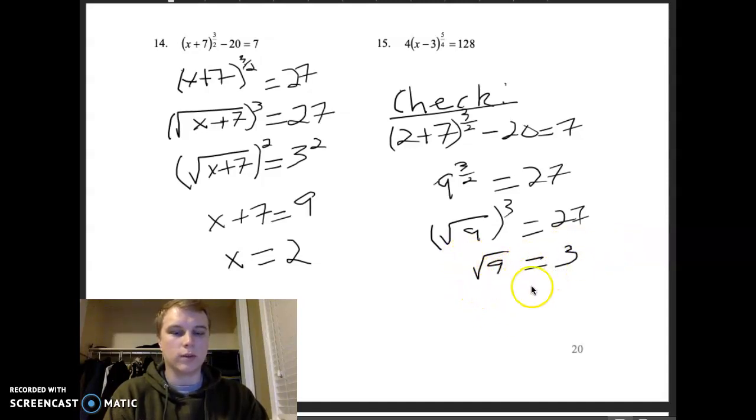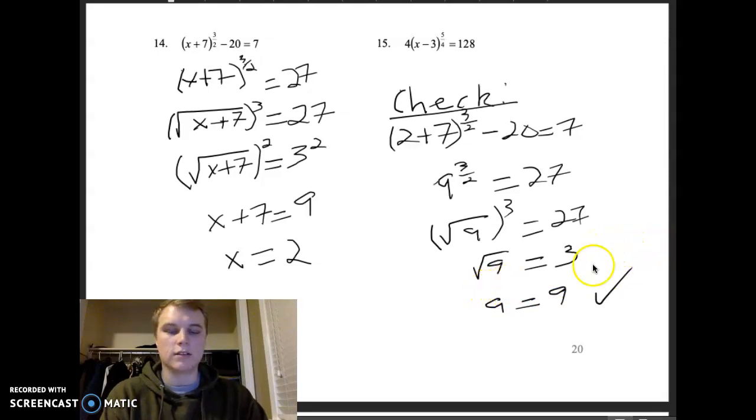Then we'll square both sides. So we get 9 equals 9. So we can see that x equals 2 is an answer. If you wrote this down, good. If you didn't, that's fine. I just wanted to show this as a visual check. You could always just put the 2 in this equation into your calculator.